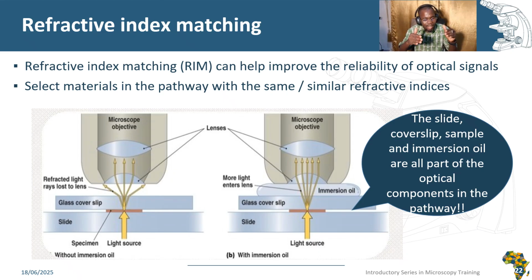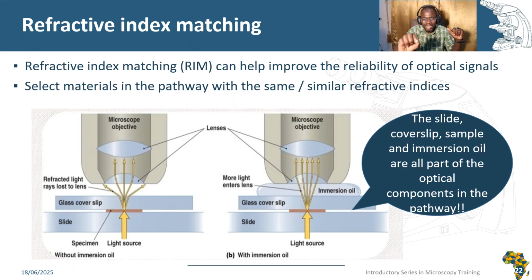If you use an air gap under the times 100 objective lens, you lose light and clarity because the two substances have different refractive index.